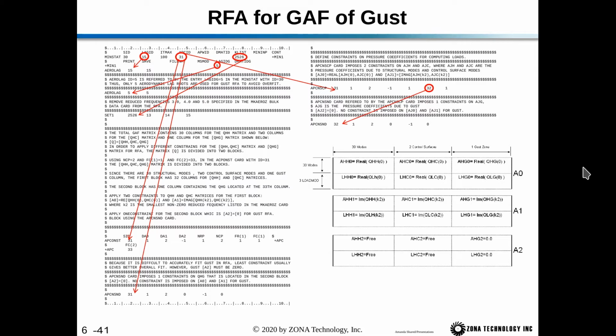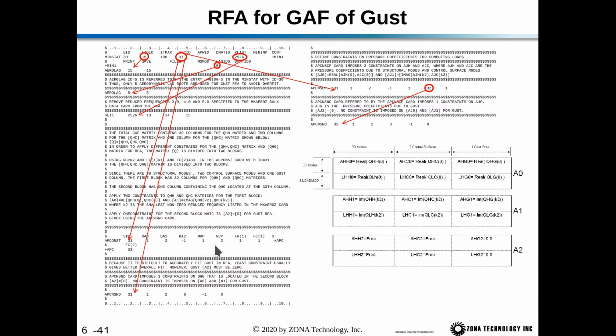And then this is our RFA for the gaffs of the Gust. So once again, we have 15 lag roots. And now with our approximation constraints, we want to apply different constraints on the Gust. So for the normal modes and control surface modes, we have DA1 is 2, DA2 is -1, so no constraints there.